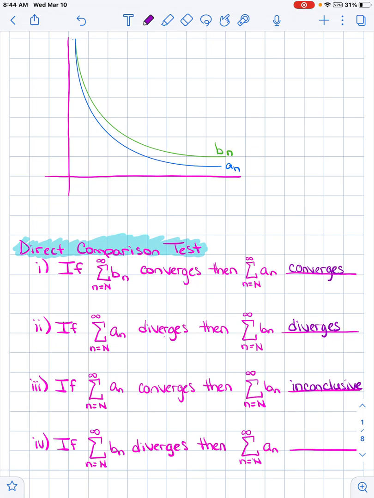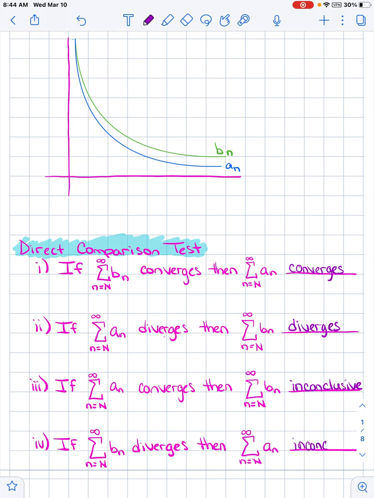Okay, let's look at the next one. If b sub n diverges, so that means the b function is not approaching the x-axis fast enough. Is that enough information to tell us that the a function is approaching the x-axis fast enough? And no, we don't know, because who knows how far away b sub n is going to be from the x-axis?